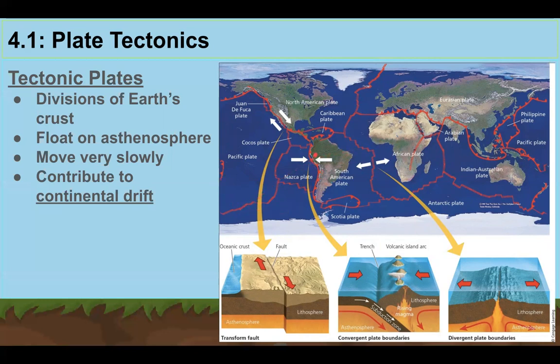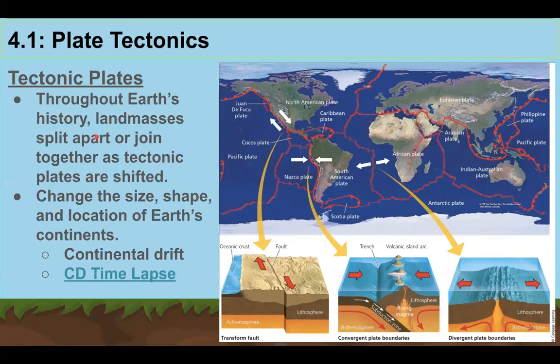But at the same time, there are boundaries where 2 plates are coming together, and that's usually going to form things like mountains or volcanoes. Over time, these plates are either moving away from each other, moving toward each other, or sliding along one another, kind of like in a parallel manner.